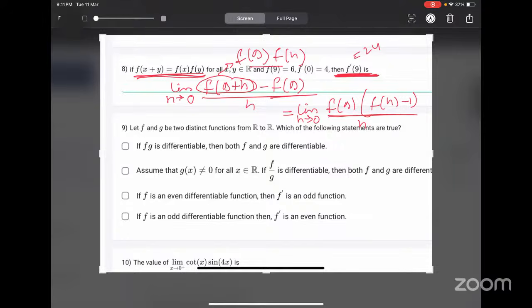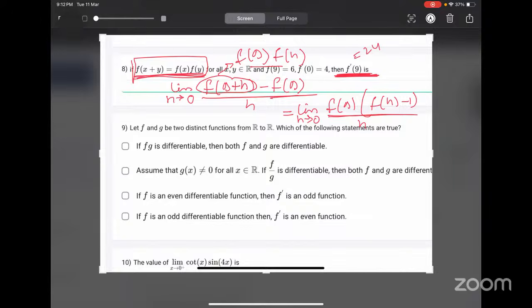How can you split that f of x plus h, f of 9 plus h? Using this thing: f of x plus y equals f of x into f of y, right? Correct, ma'am. That means f of 9 plus h will be f of 9 into f of h.